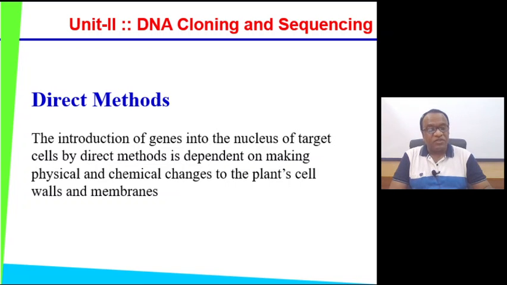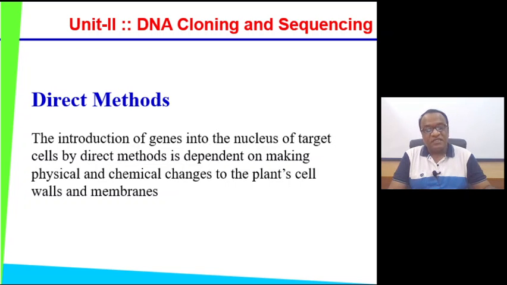The exogenous gene to be introduced into the cell nucleus is inserted into a vector. The vector is then adhered to a metal microparticle for its introduction into the cells and transformation of the recipient cell.